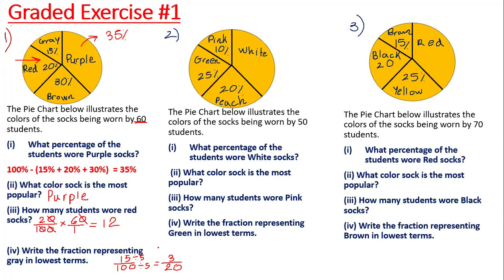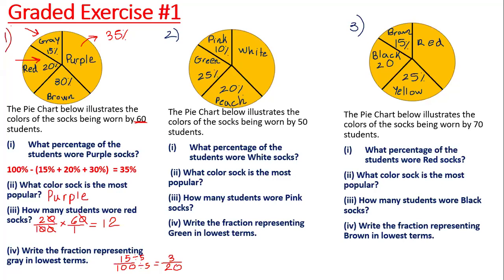Mr. Bateen, I don't understand the fraction piece. This one? So it's going to be 15 over 100, right? Why is it 15 over 100? Because the gray is 15%, and a percentage is always over 100, so it's 15 over 100.